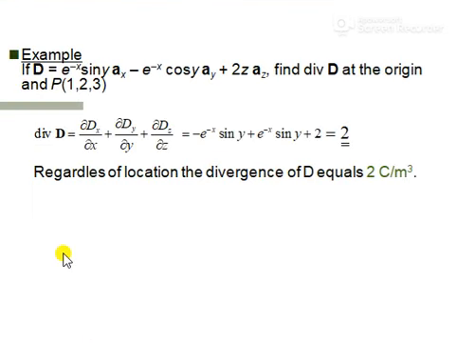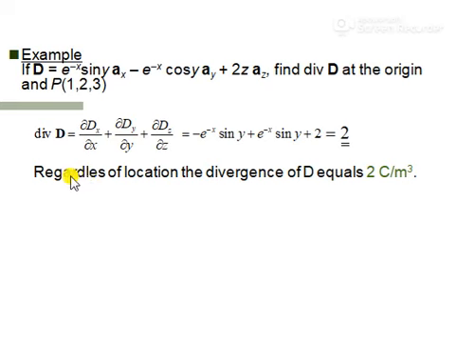Now let us see an example. If D is equal to e^(-x) sin y ax minus e^(-x) cos y ay plus 2z az, find the divergence of D at the origin and at point (1, 2, 3).